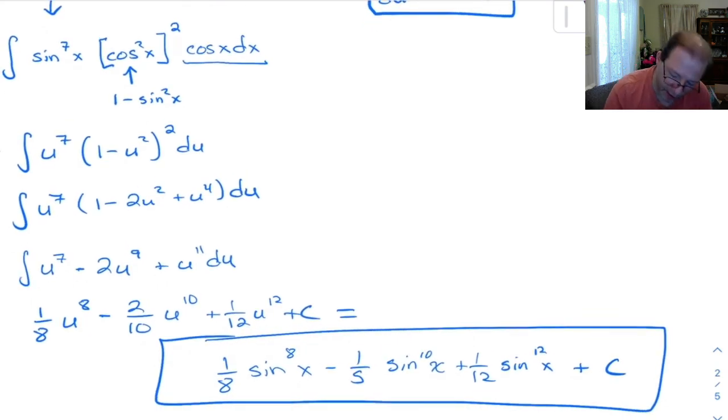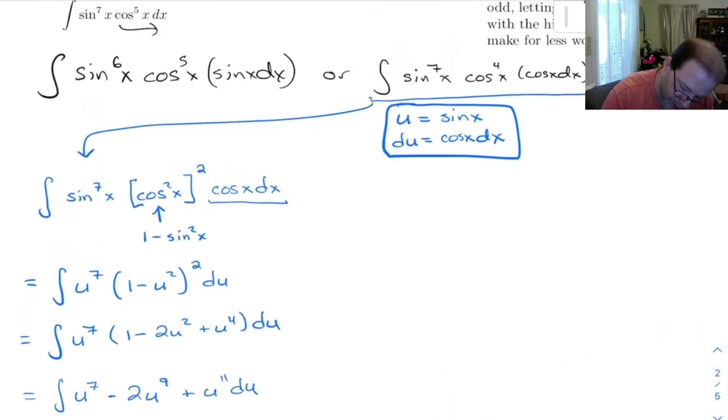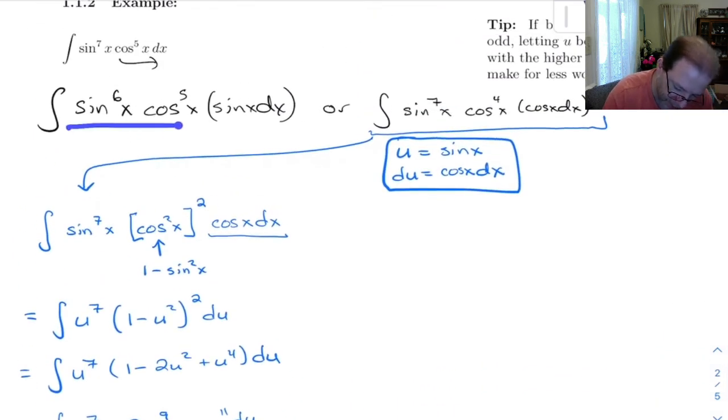All right. Now, if we had done this using the other option, it would have worked just as well. The difference is we would have had to rewrite sine to the 6th as sine squared x to the 3rd.